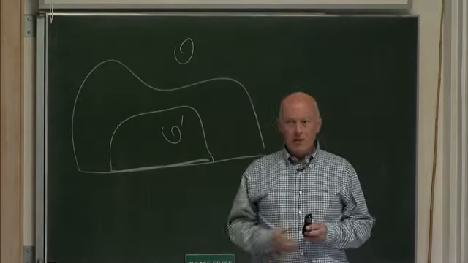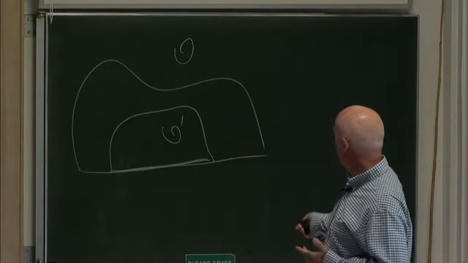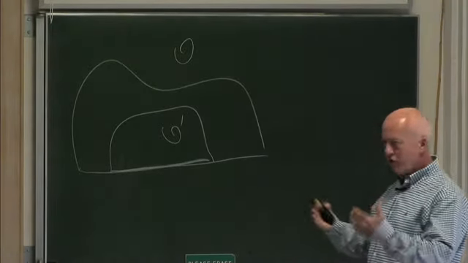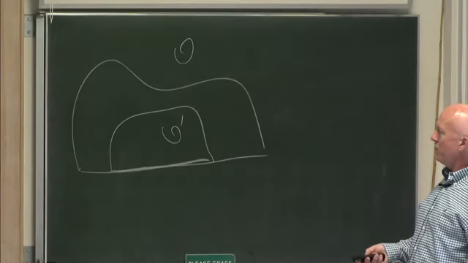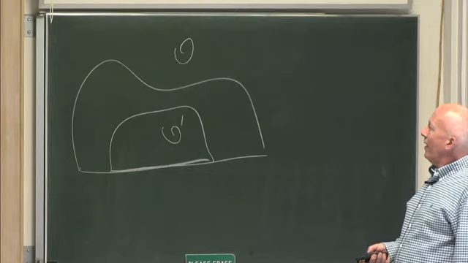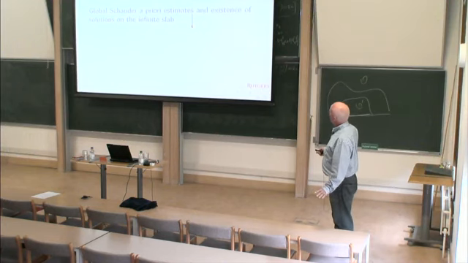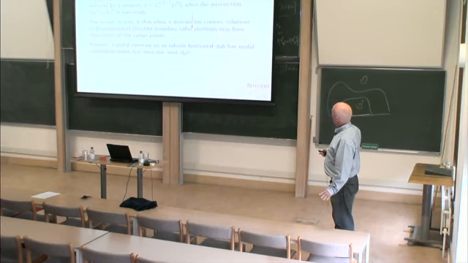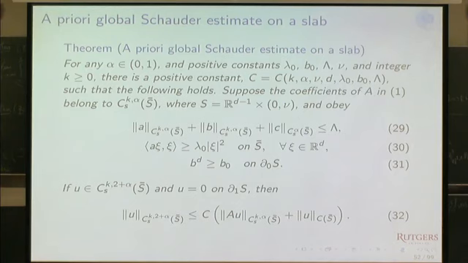It's that kind of subdomain where the degenerate domain pieces of the boundaries overlap. So let's see. For the infinite slab, it turns out that provided the coefficients are bounded enough, then you can get a global estimate.